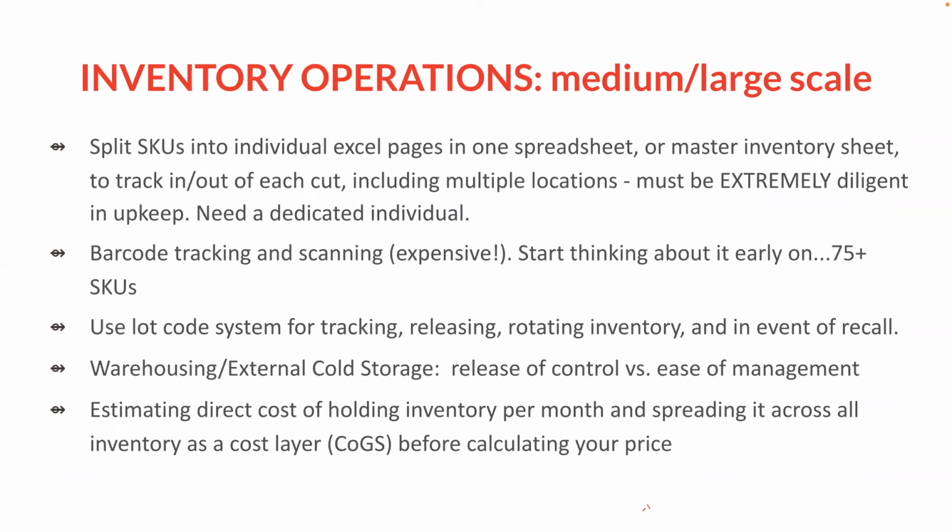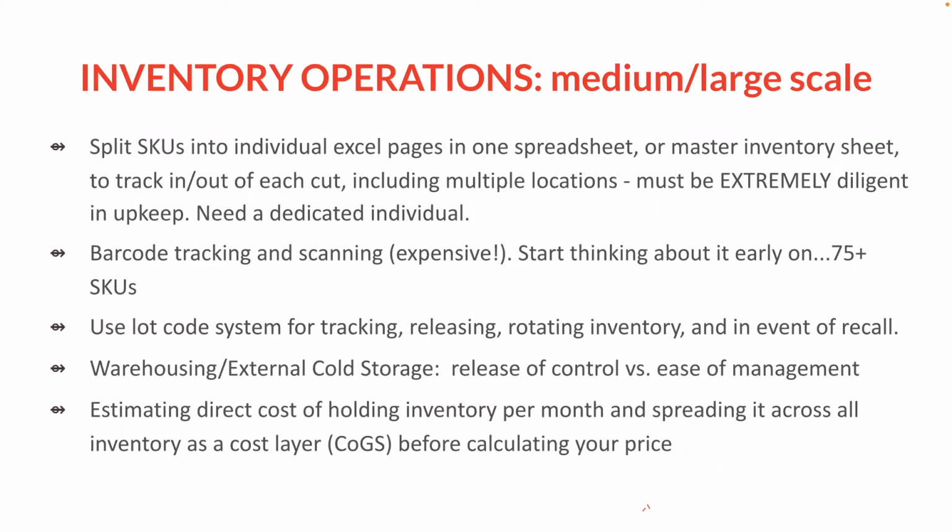But as Mariam's going to talk about in a minute, we want to start thinking about this early on. In this scenario, instead of tracking inventory in one single sheet with the different cuts or different species, you might actually break those out into different products on a single tab.